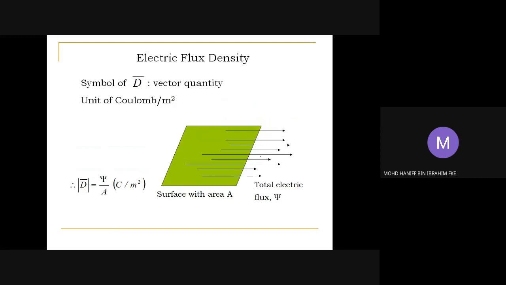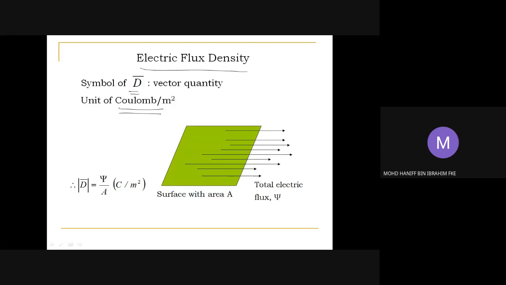That is why we introduce another parameter called flux density, or electric flux density, which is a representation of flux in vector form. The symbol for the flux density is vector D, and the unit for D is coulombs per meter squared.